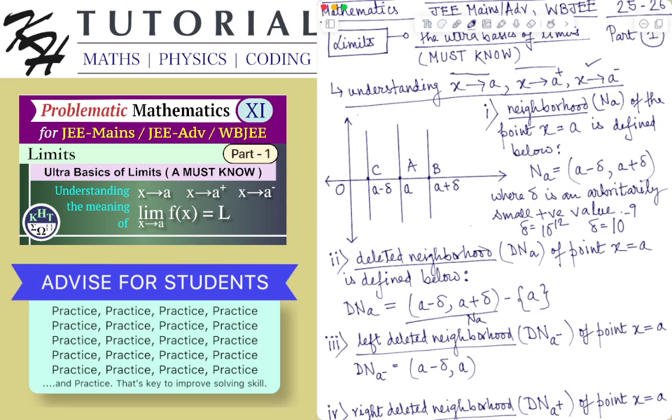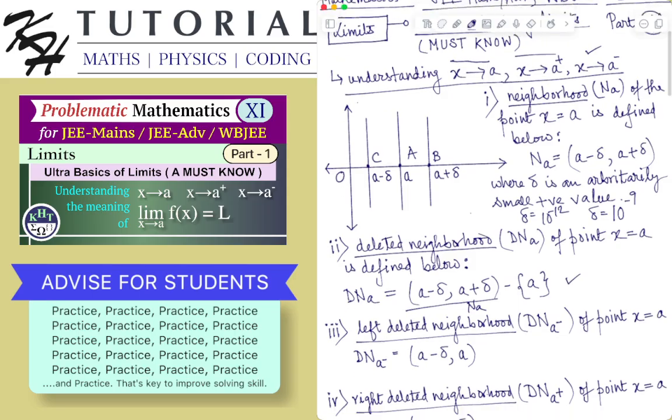So the deleted neighborhood of a point x equals a is all the values of x which are greater than a minus delta and less than a, or greater than a and less than a plus delta. So this is the set or interval for the deleted neighborhood of a.